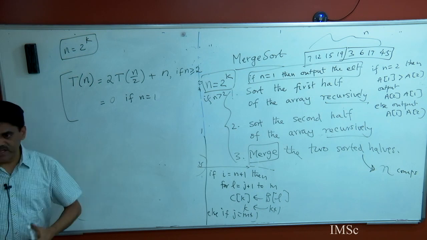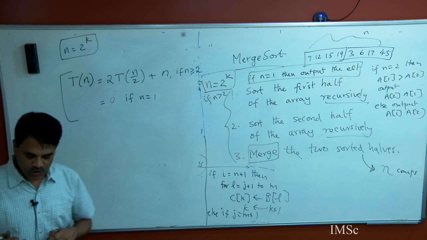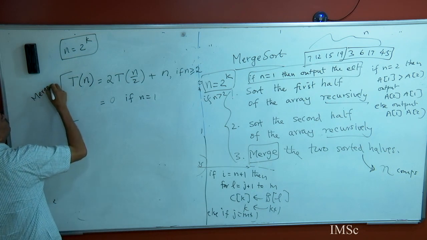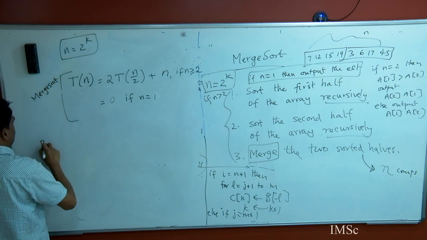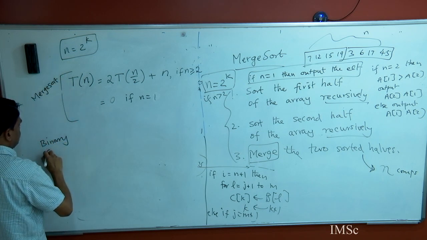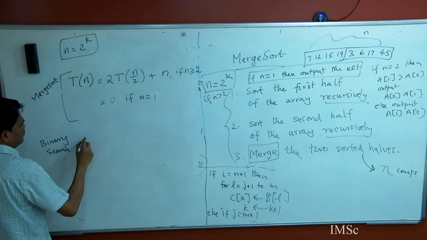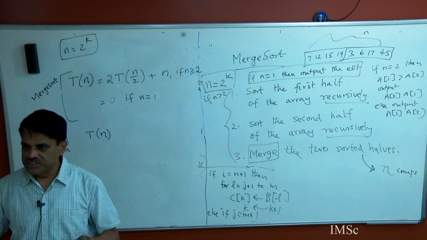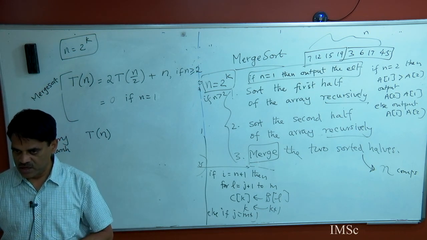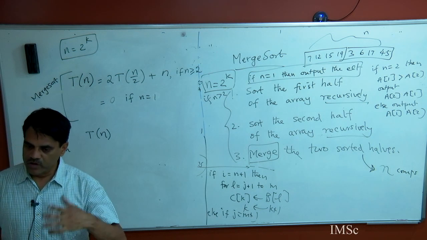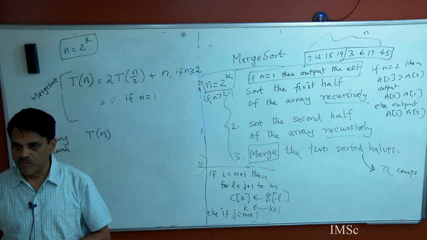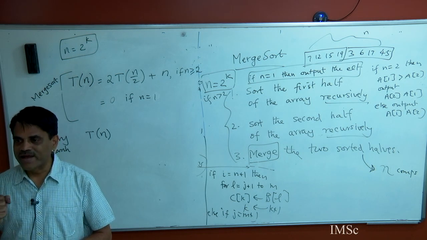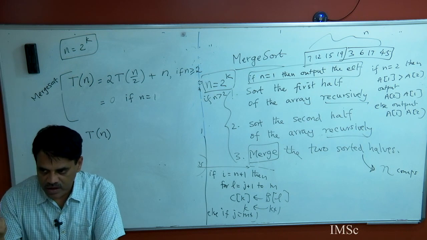Let us write a recurrence relation for binary search we saw. This was for merge sort. If T(n) is the total number of comparisons made to search in my sorted list, can you give me the recurrence relation for T(n)? How many comparisons am I performing, right?